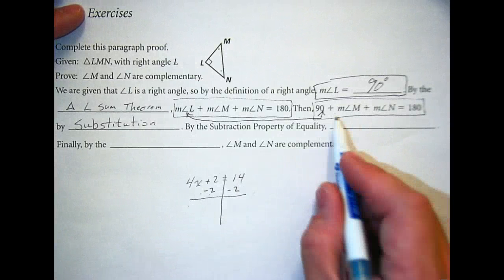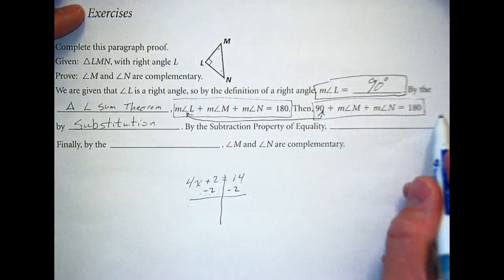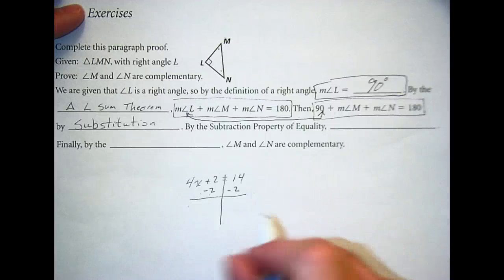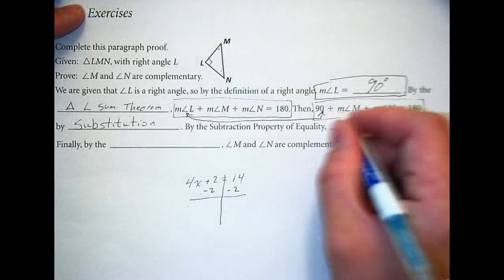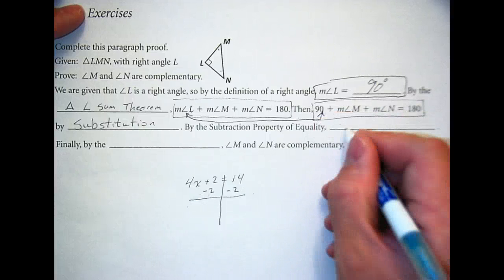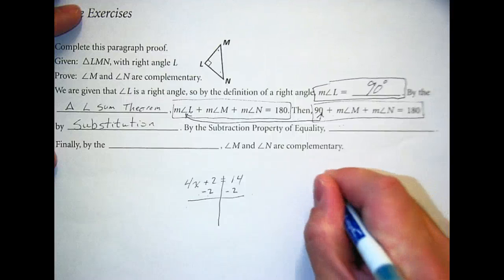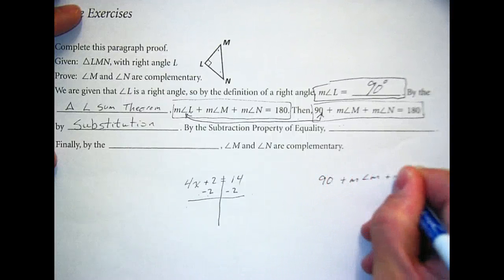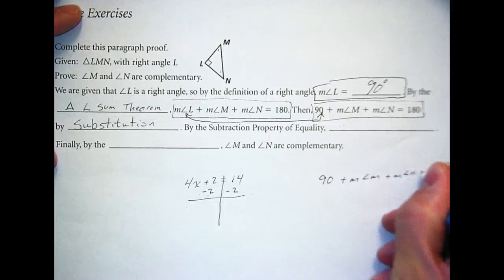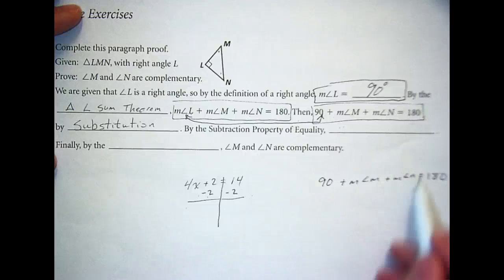So, by the subtraction property of equality, what do we know? Well, what can we subtract from this side? It's only one thing we can move. Yeah, 90. We know that if we subtract 90 from this side, what am I left with?